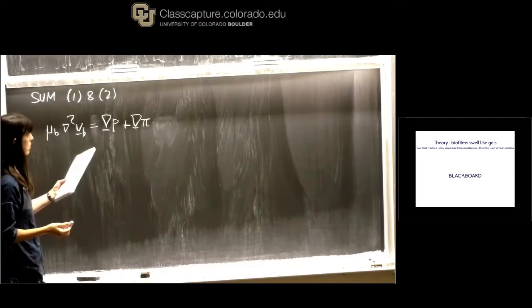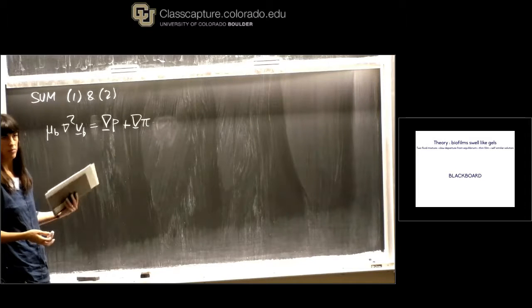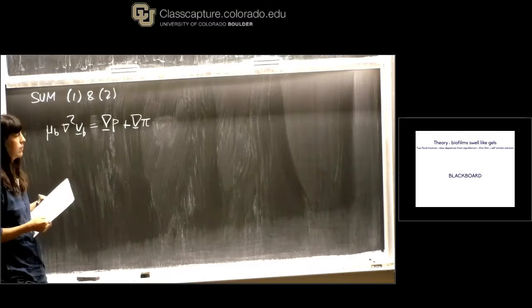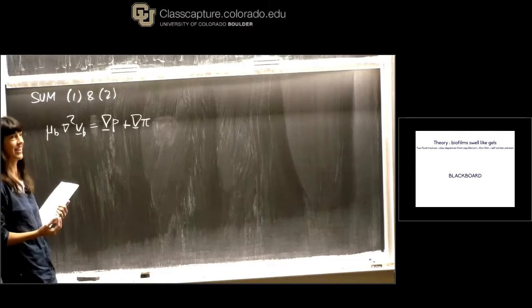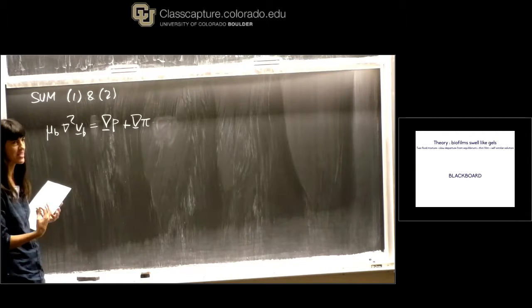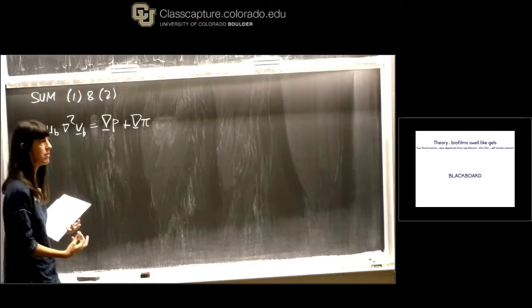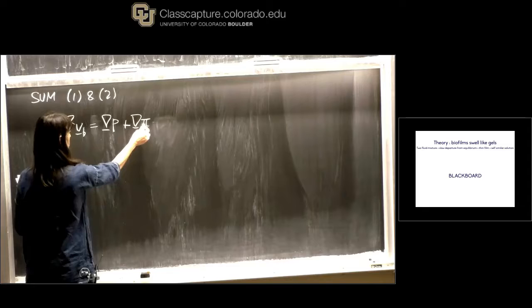Somebody recognizes this equation? Yes, it is. It's the Stokes equation. So that's great. This is a simple equation. So the biomass is moving. Remember, it's a slight modification because there is pi.